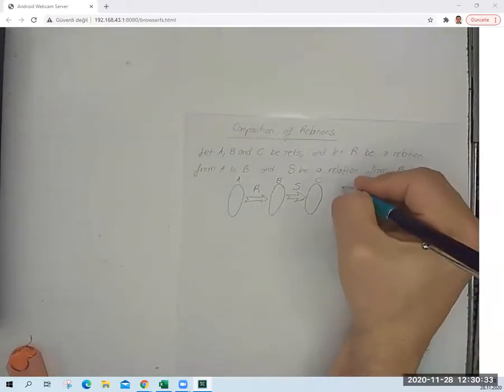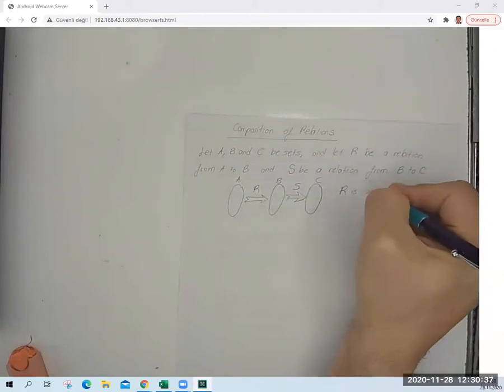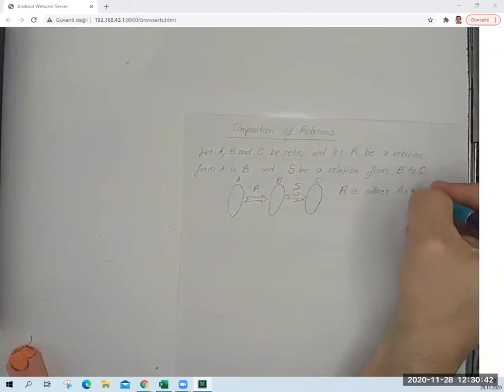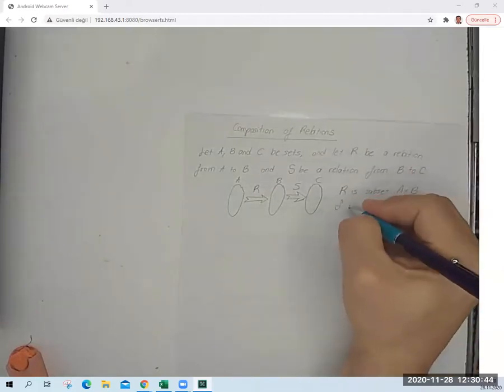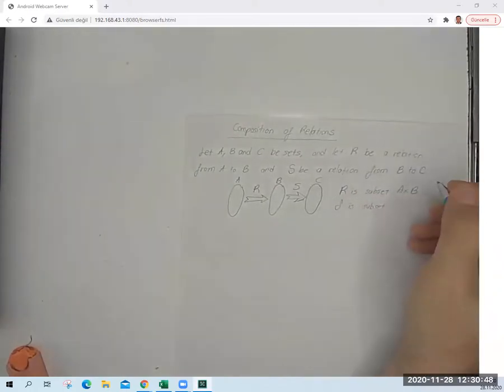So you can say R is, of course, a subset of A product B, and S is a subset, let's say, of B product C.